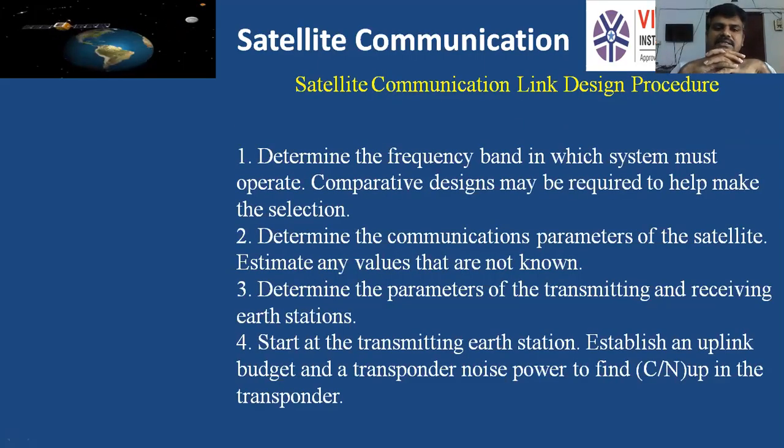Here the next concept is the satellite communication link design procedure. In order to establish a link between the satellite and the earth station, or earth station and the satellite, whatever it may be, uplink or downlink, the design procedure is the same, and it has 8 steps.